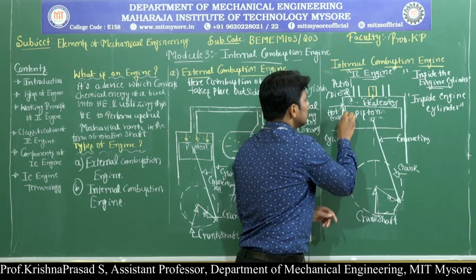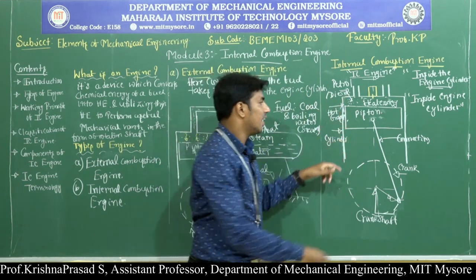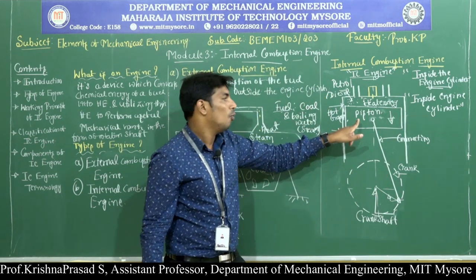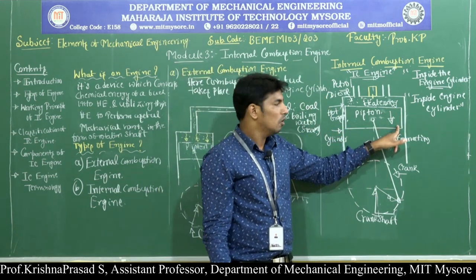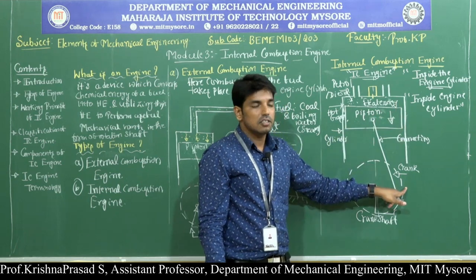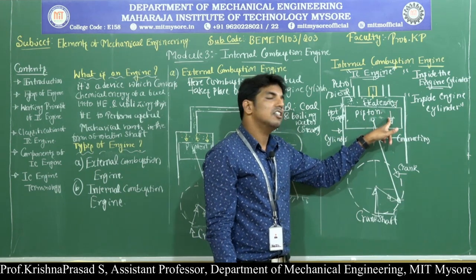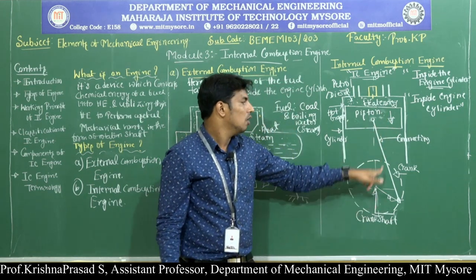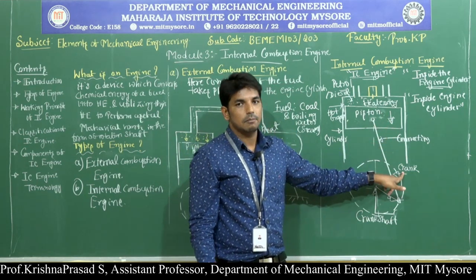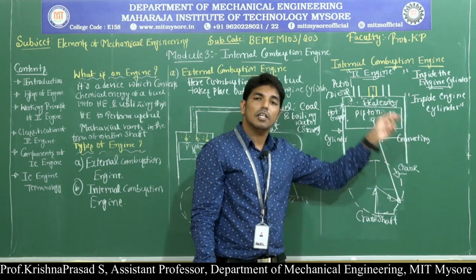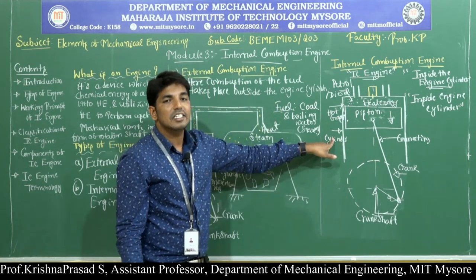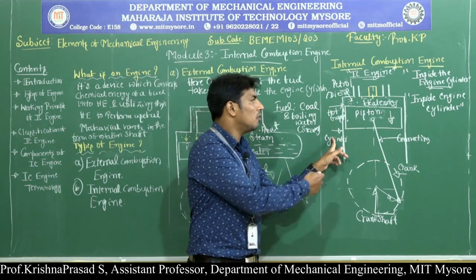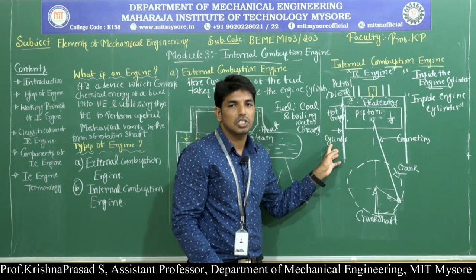Those hot gases expand and exert a large force on this movable component called the piston. Once the piston moves from top dead center to bottom dead center, it transfers its motion from the piston to the crankshaft through the connecting rod and the crank. So this is the working of the internal combustion engine. The working and the working principle are both explained.